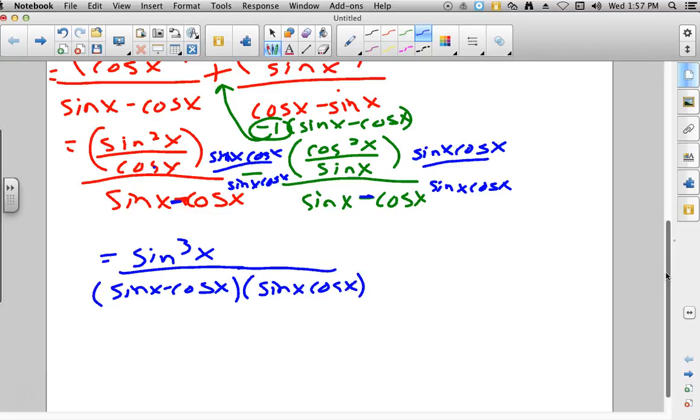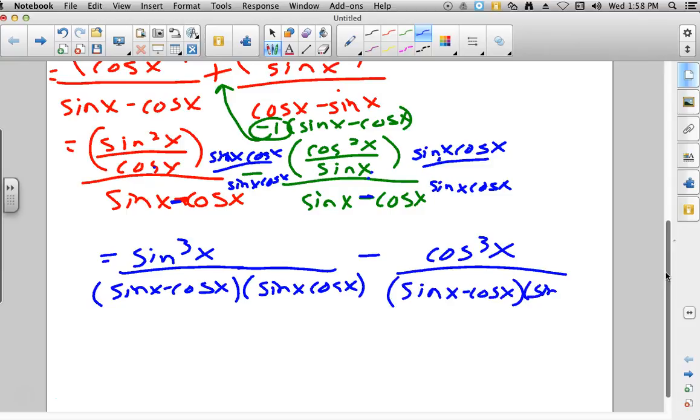And we will have a subtraction, and then we will have sine of x canceling out here, and we will get cosine cubed of x over sine of x minus cosine x times sine of x cosine x.